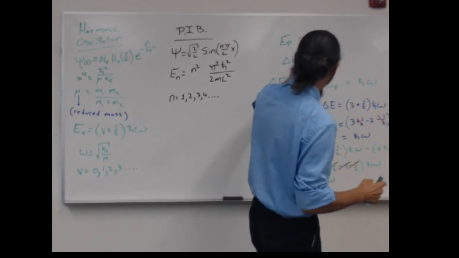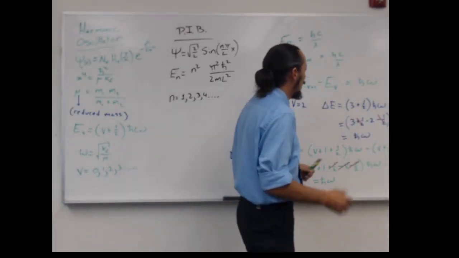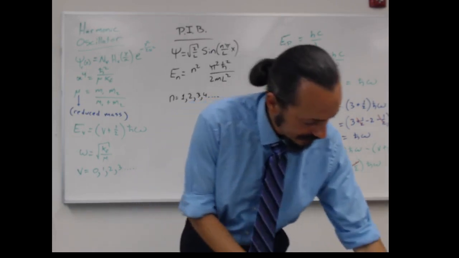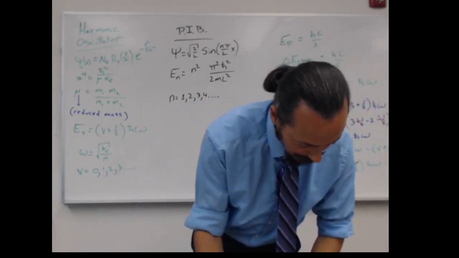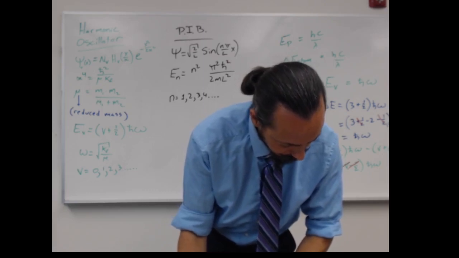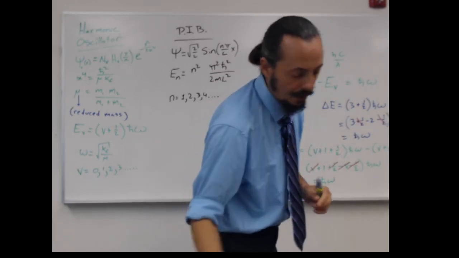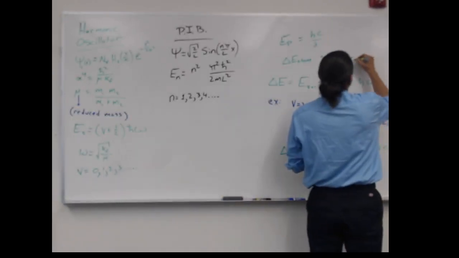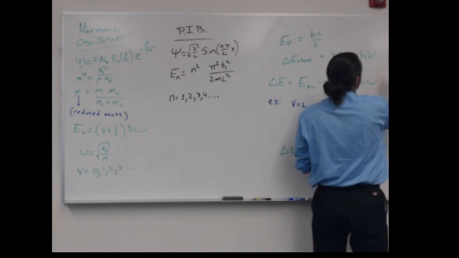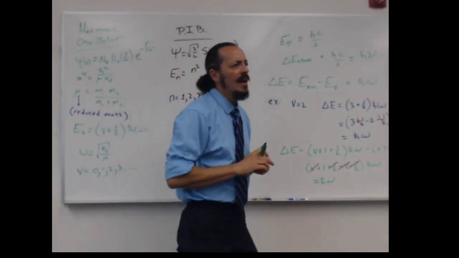So we can use this idea of delta E equals h bar omega and hc over lambda to actually calculate things. I write this down in a different way in my notes, so let's do this as well. It's usually done in terms of frequency, so hc over lambda, h nu, same.